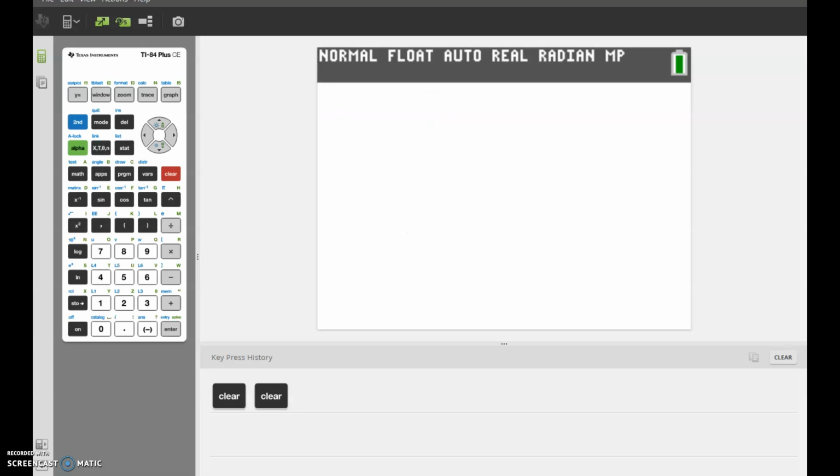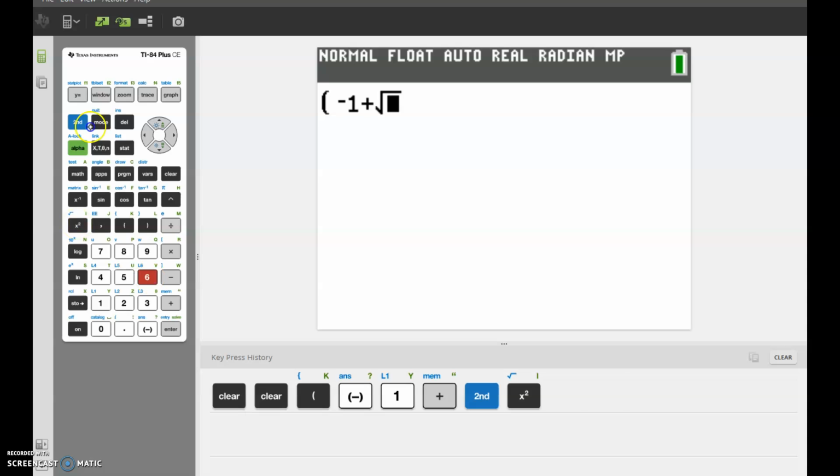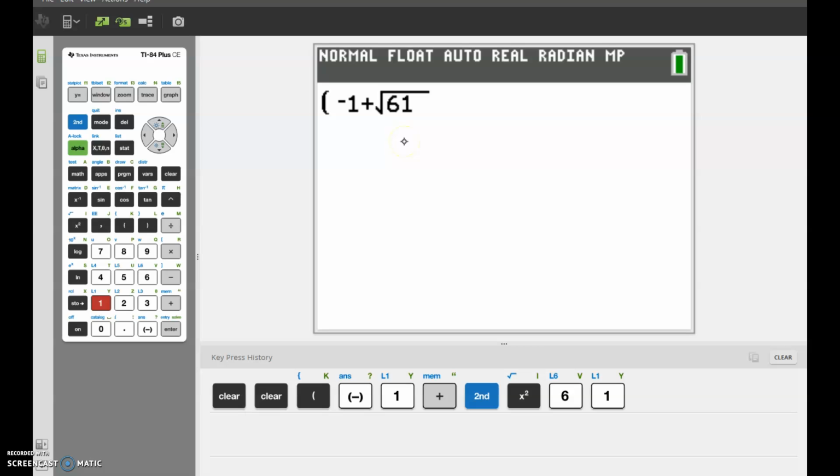Okay, so first I'm going to show you the right way to do it. Then I'm going to show you a common mistake. So when I enter this, -1 plus, now on a graphing calculator, the square root is above the x squared. So I have to hit second x squared. There's my square root, 61. Now notice my cursor is still underneath the radical.